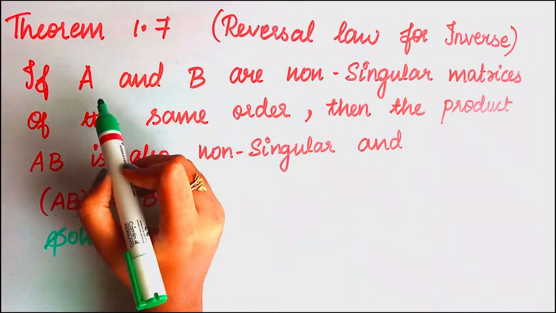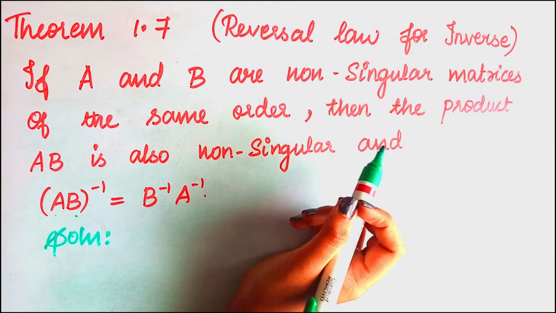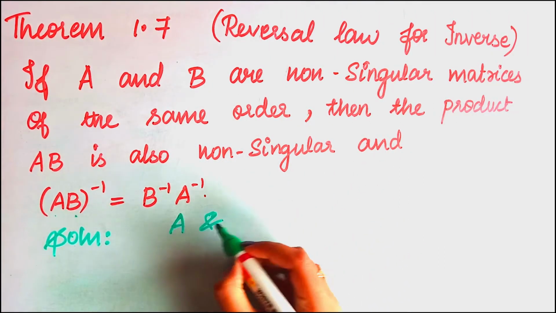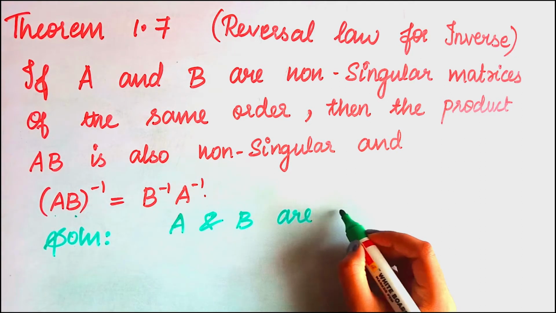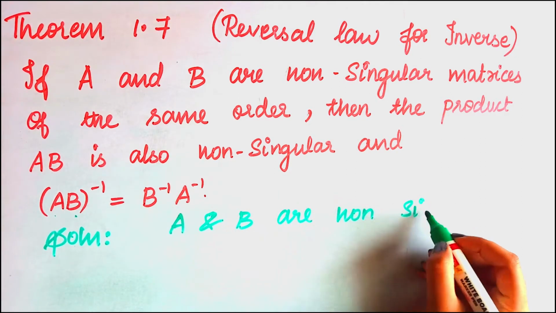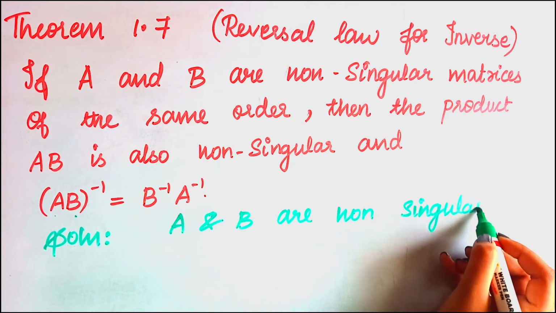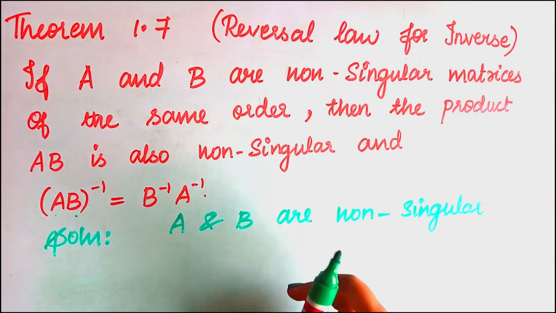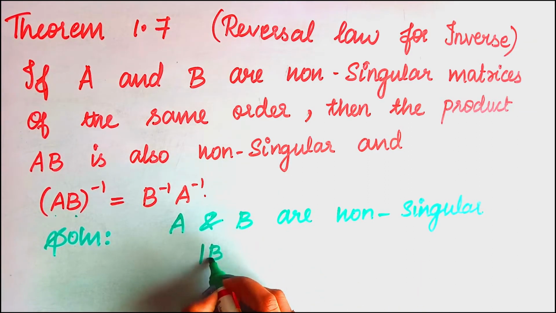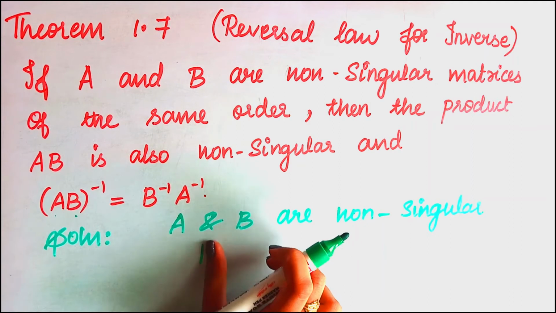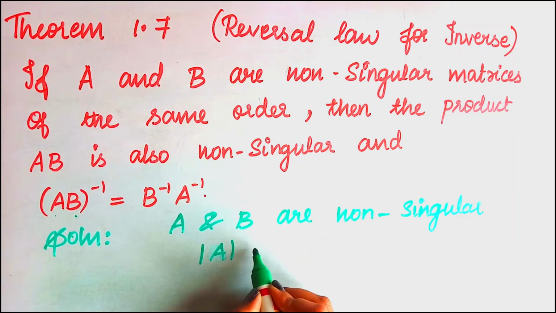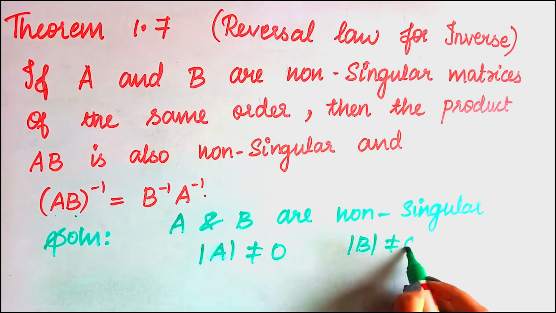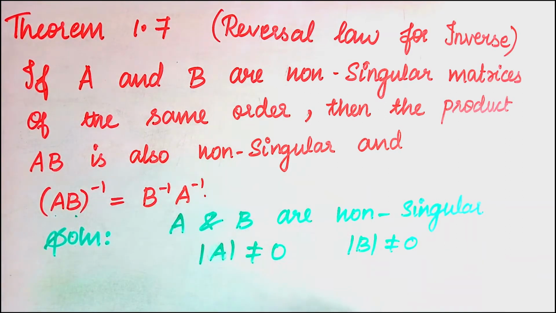First, they have given that A and B are non-singular matrices, which means, let's write it out first, A and B are non-singular. I've already said in my previous videos that if matrices are non-singular, you have to write two conditions. First matrix is A, so determinant of A is not equal to 0, and the second matrix is B, so determinant of B is also not equal to 0, because both are non-singular matrices.